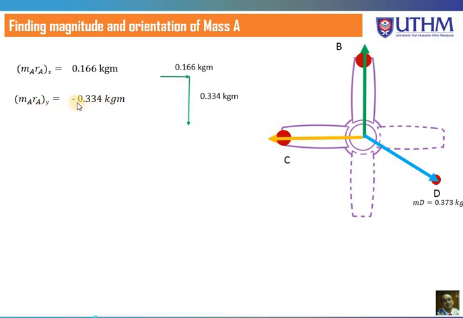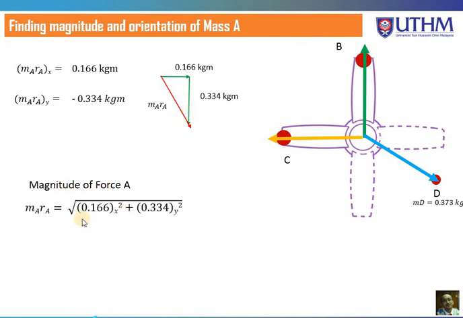Drawing the negative 0.334 downwards because of the negative value, the resultant, the red color, is representing the magnitude of the centrifugal force created by mass A. So you get the answer of 0.373 kgm.